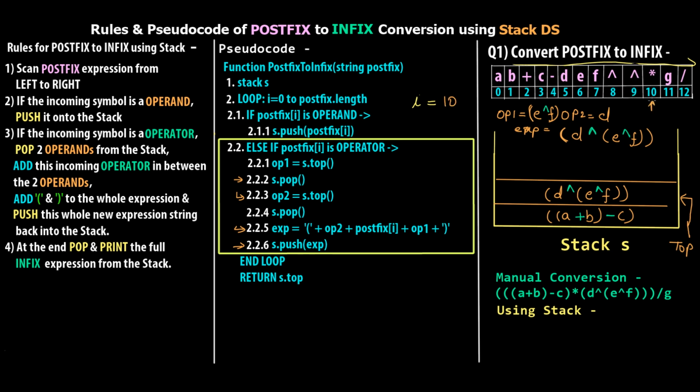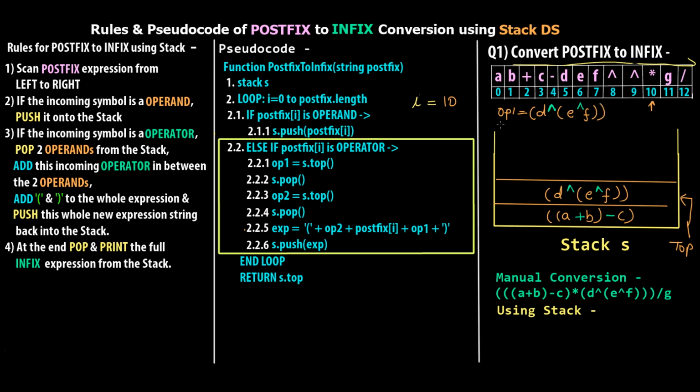So we are at this position and we get one more operator. So again we have to perform 2.2. Let's do that. We say op1 is s.top. What is op1? op1 will be s.top. What is top right now? We have this D raised to, then bracket E raised to F, closing bracket, closing bracket. So that is op1. So I'm going to write D raised to opening bracket E raised to F, closing bracket, closing bracket.